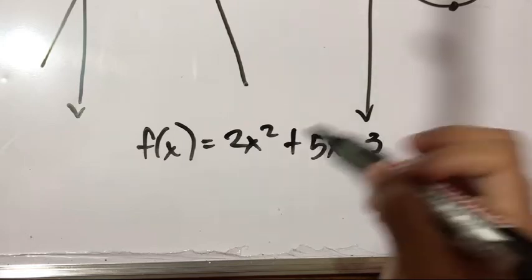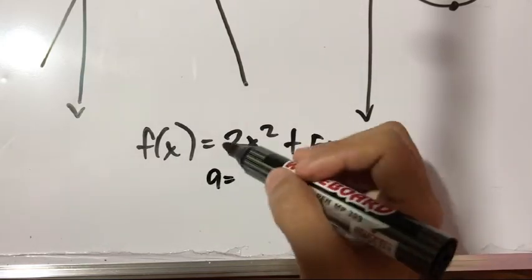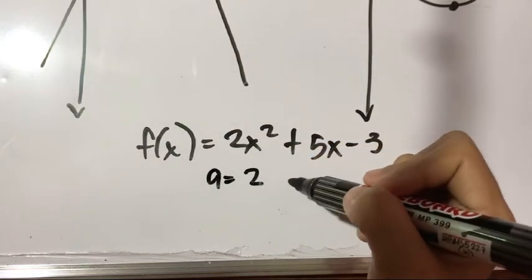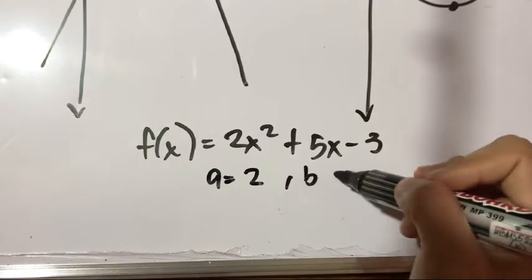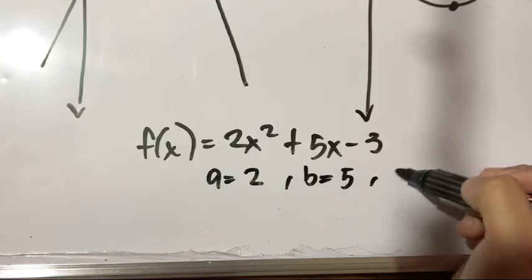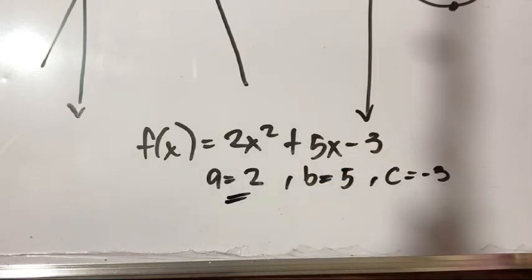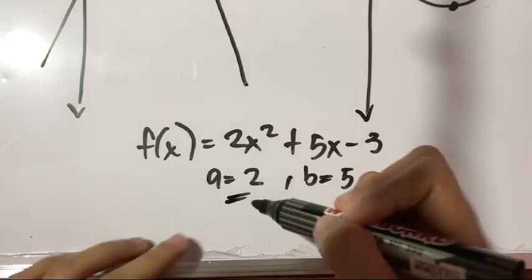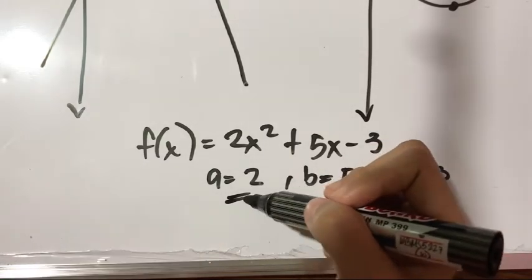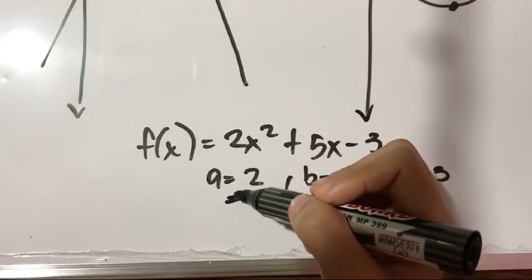For example, identifying the values, a is 2, b is 5, and c is negative 3. But as for the direction of the parabola, you only have to use the variable a as your basis.